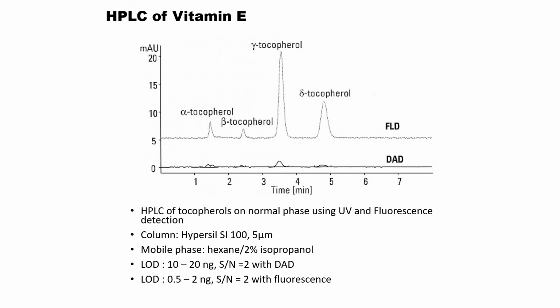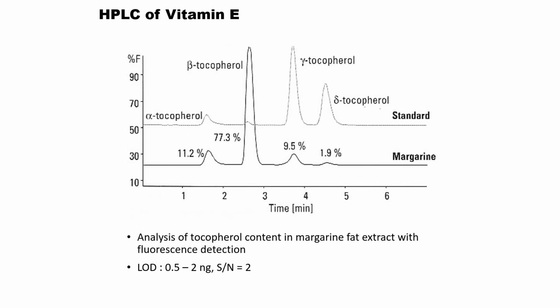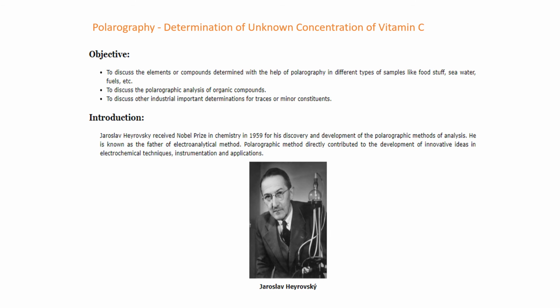It looks like fluorescence has better sensitivity than the DAD method, because the peak is very small here. This is margarine and the standard, and most margarines have four different types of vitamin E.